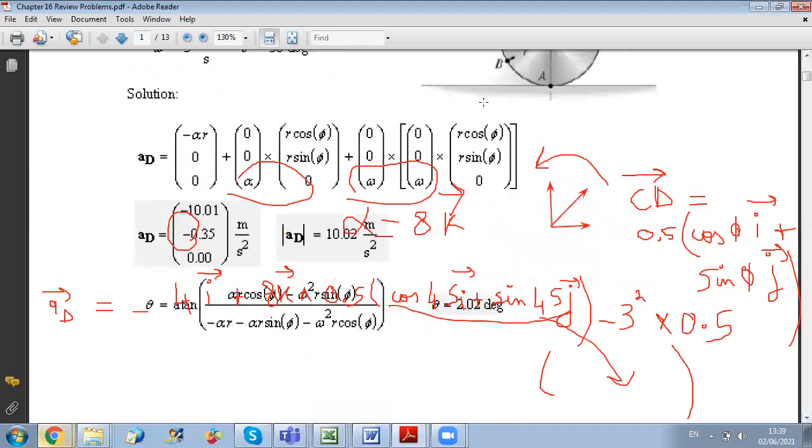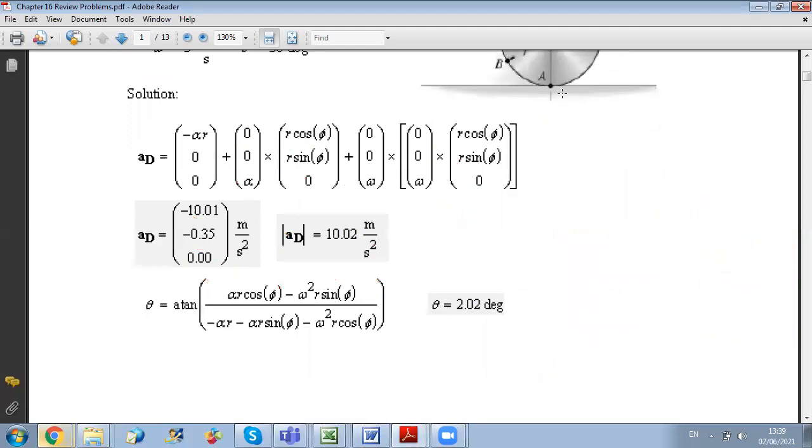Now if they ask us for the magnitude with direction, it's very simple. The magnitude is radical 10 square plus 0.35 square. As for the direction, it's in the third quadrant. So if you make a representation like this, it has negative i and j components.